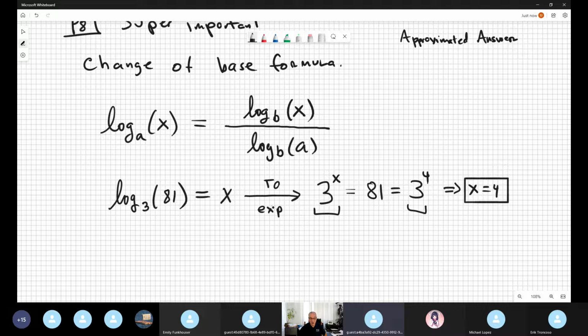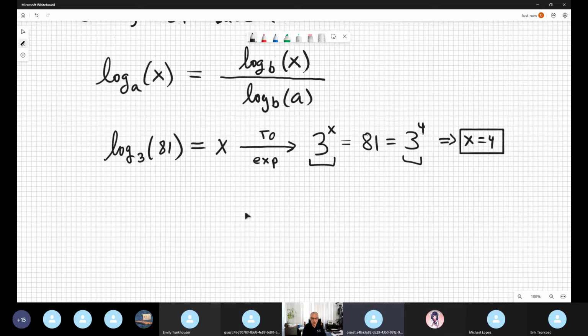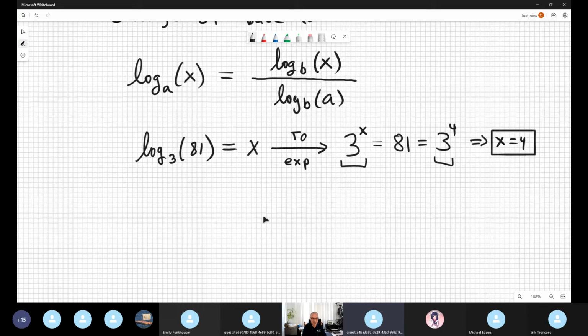However, suppose you don't remember this, but you have a calculator. We did this by hand, and now by calculator using that formula.